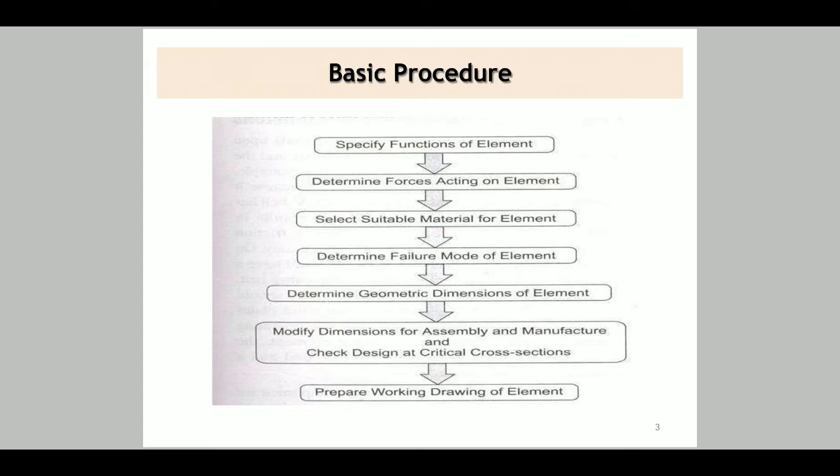So if we find any modifications, we need to modify the dimensions and check the design at the critical cross sections. The last part is to prepare the working drawing of the elements. This is the final stage of the design procedure.